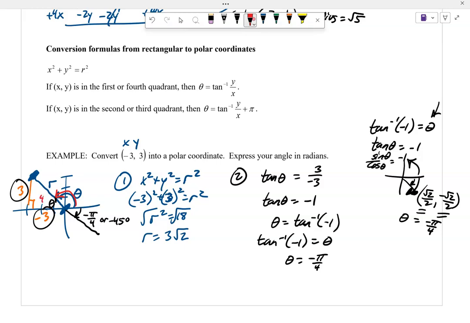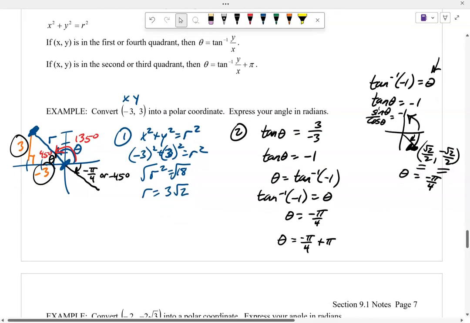Well, if this is 45 degrees, then that's got to be 135 degrees, or 3 pi fourths. So if you want to think about it, the theta that you actually want is -pi fourth plus pi. You can just add pi to that, and that'll give you the theta that you want here.